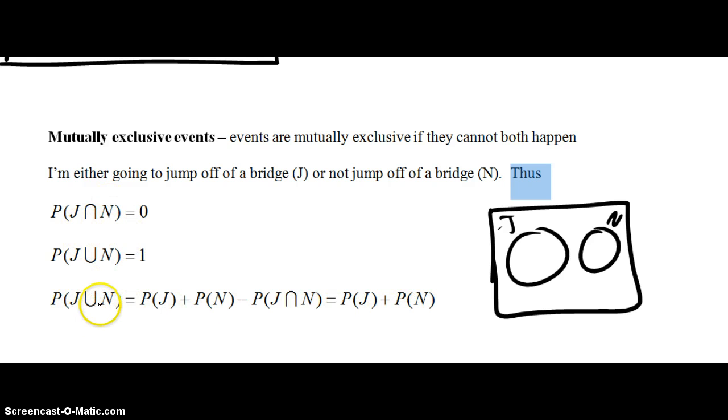The union, which remember is 1, is the same thing as the probability of J plus the probability of N minus the probability of the intersection of J and N. But remember, this is 0, so this doesn't even matter. So it's really just the probability of these two, and one of them has to happen, so it has to be 1. Actually, a better Venn diagram might be the one that doesn't have the space outside of the two circles and looks like this. This is J, this is N. It's got to be either this or this, and there's no intersection between the two.